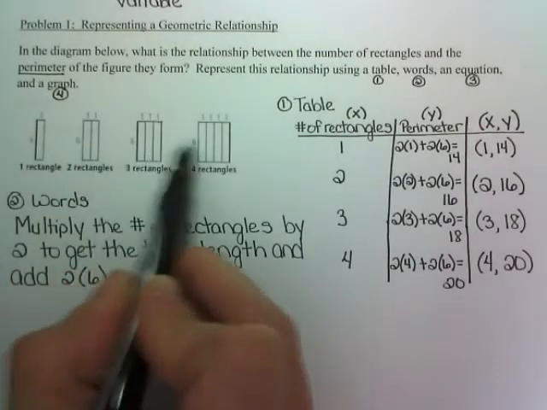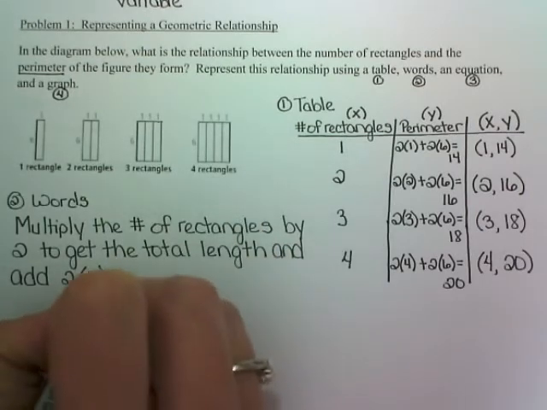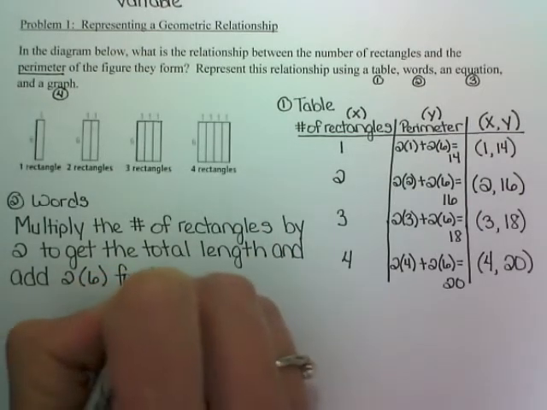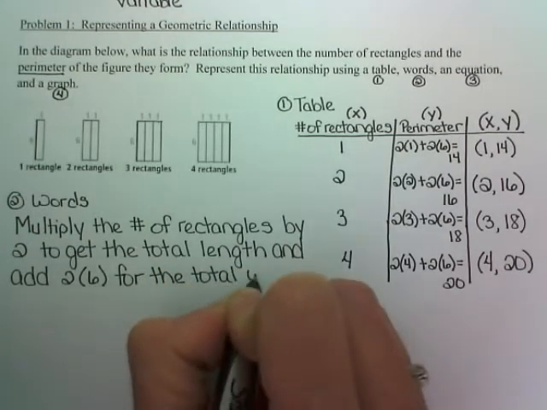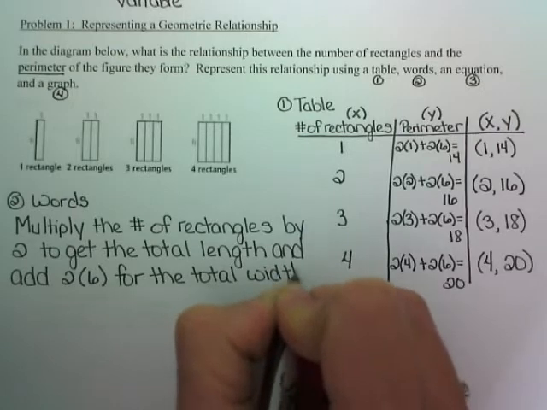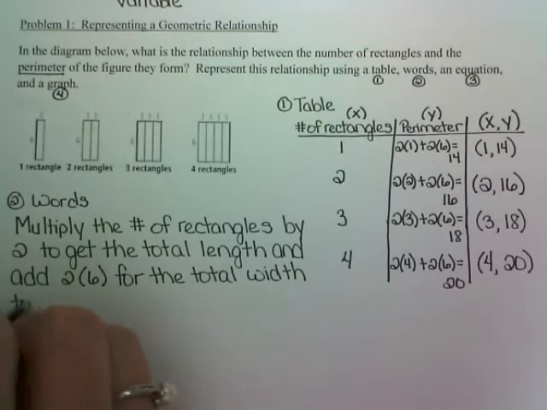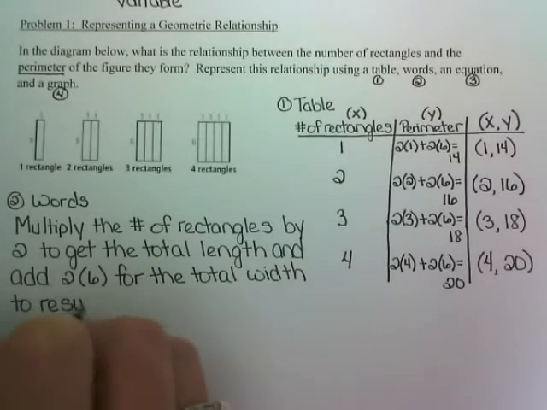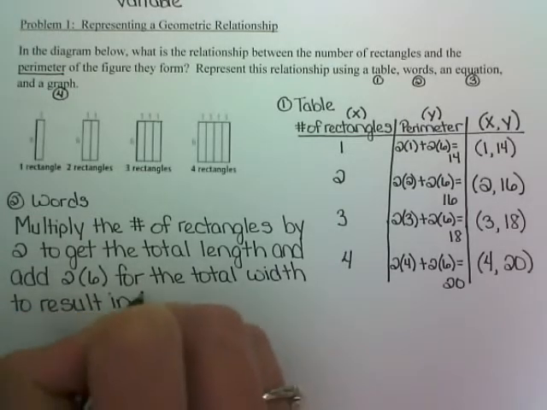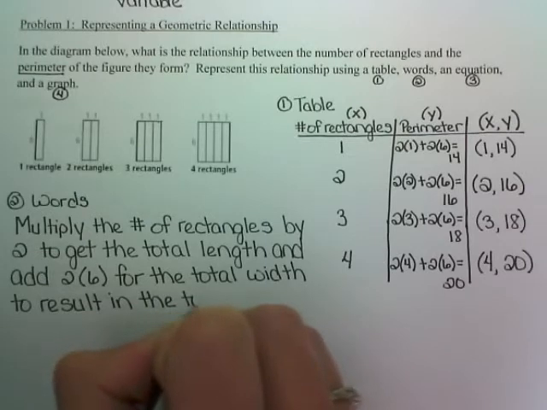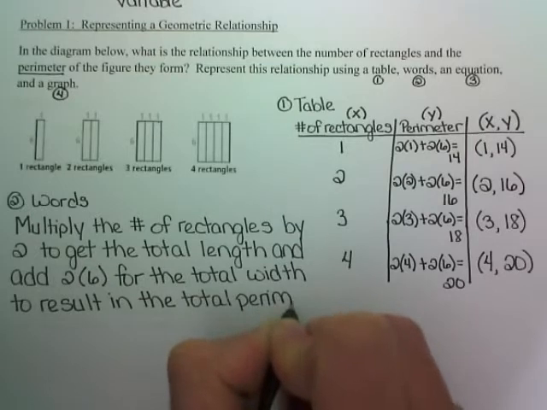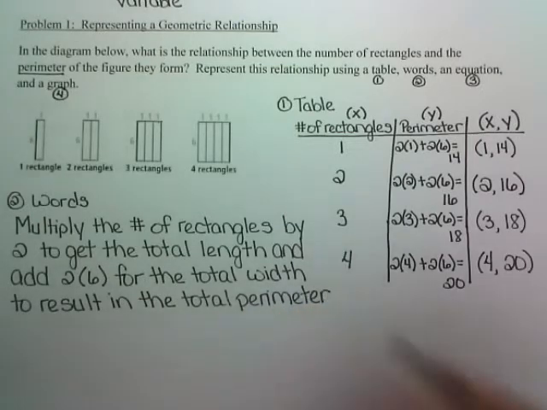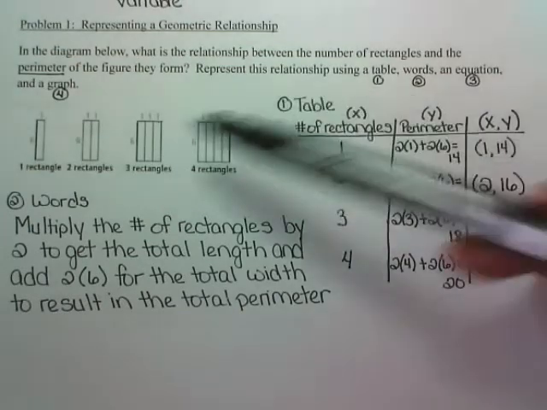There's always 2 6's in every one of these pictures. So we're going to add 2 times 6 for the total. That gives us the total width, to result in the total perimeter. That's exactly what we did in our table. So just writing or explaining in words what we're doing in our table from our illustration.